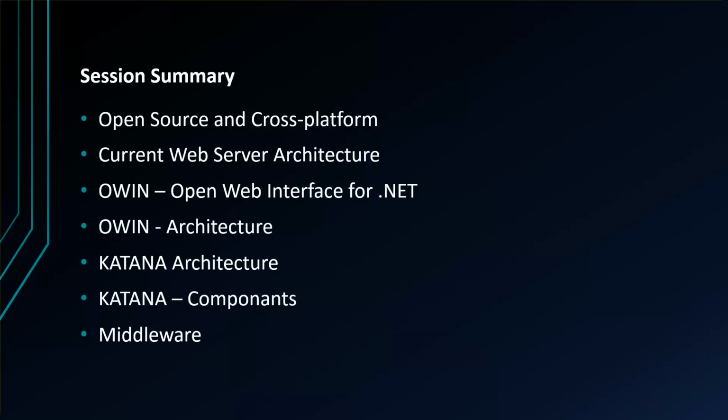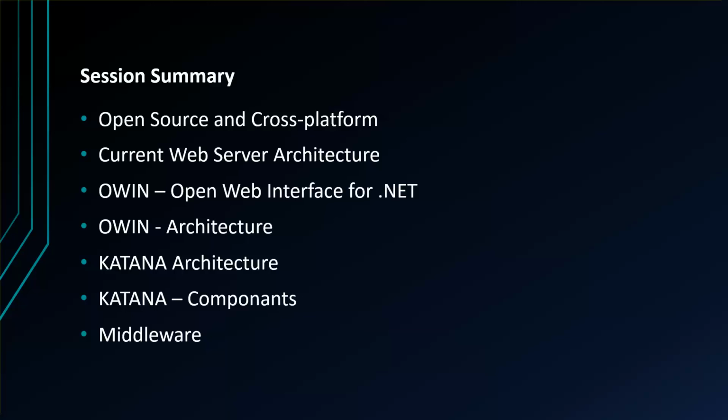By concluding this session, I have explained what exactly open source and cross-platform mean, and how MVC6 is redesigned. ASP.NET 5 is redesigned from the ground level to support open source and cross-platform by using this OWIN architecture. We also saw how it decouples our ASP.NET runtime and web server, and what exactly OWIN, the Open Web Interface for .NET, is: a body of specification.